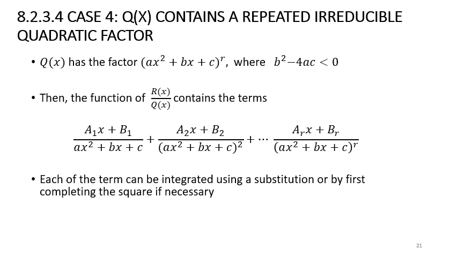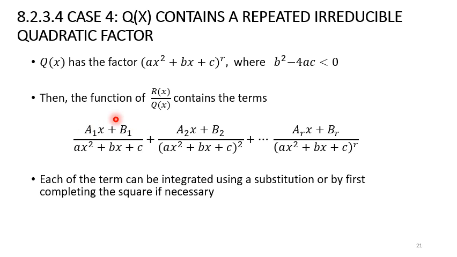For case number 4, your denominator Q(x) contains a repeated irreducible quadratic factor. So here Q(x) has the factor of a quadratic, but this time it is repeated. Okay, it's repeated r number of times. So if you have this case, you can reduce the partial fraction in terms of this.